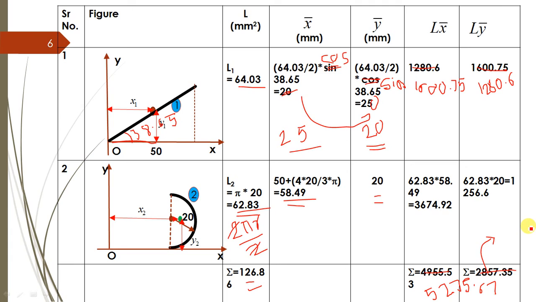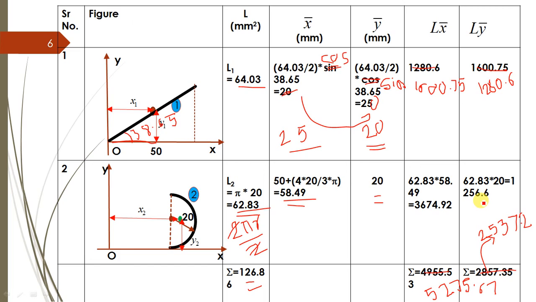That will be 1280.6 plus 1256.6, that is 2537.2. So these two values we have got.